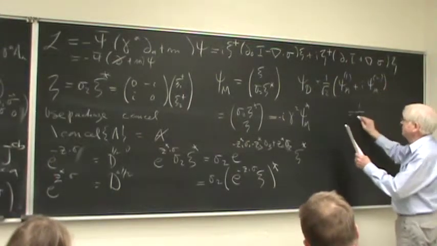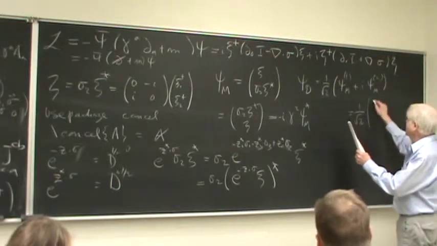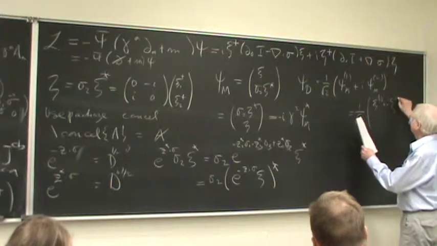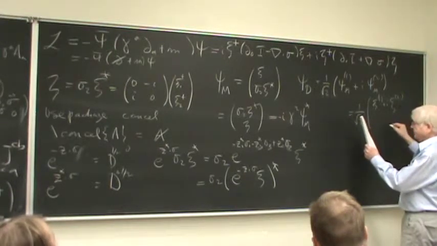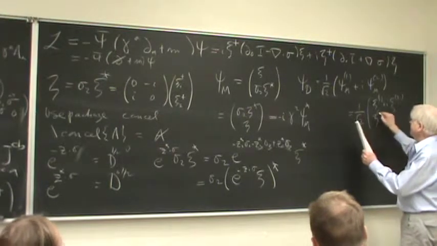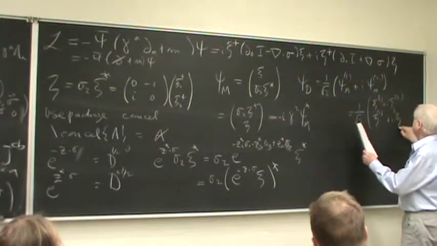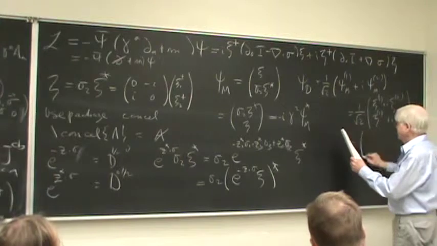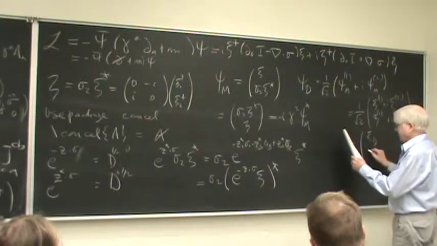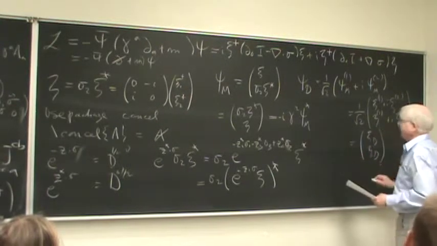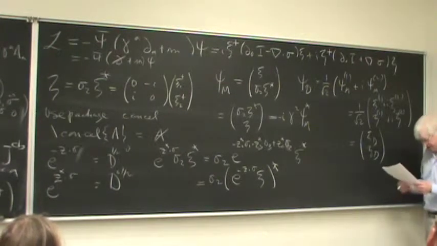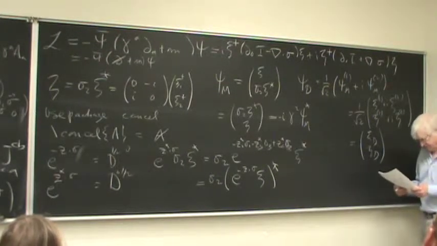So this is 1 over root 2, C1 plus i C2, and zeta 1 plus i zeta 2. You can call this C Dirac, zeta Dirac. And now, this represents a charged field. This is an ordinary Dirac spinor.